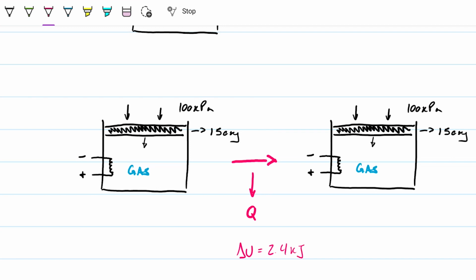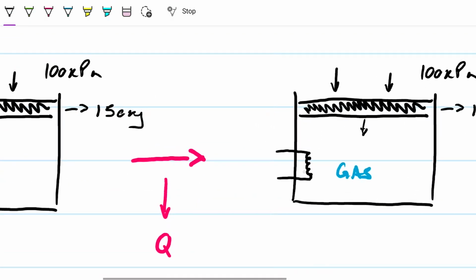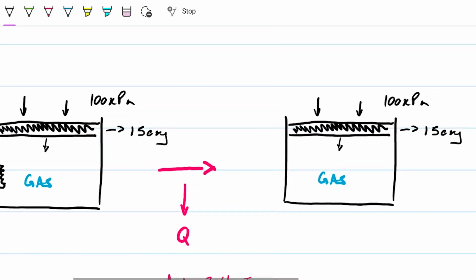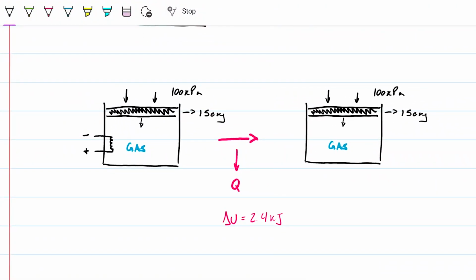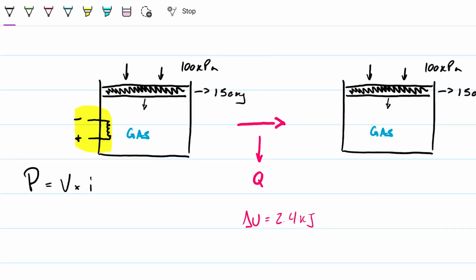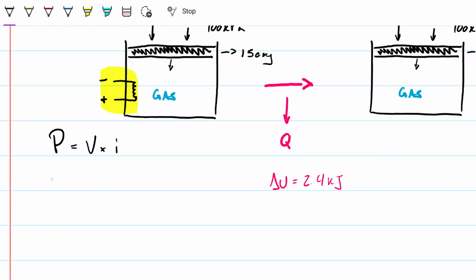So here we don't have a battery anymore, because this battery only lasts for 3 minutes. Okay, now, how much energy is being given by the battery? Well, we talked about that. The power given by the battery is going to be volts times current, volts times amps. And the energy, I just need to relate that to the time.